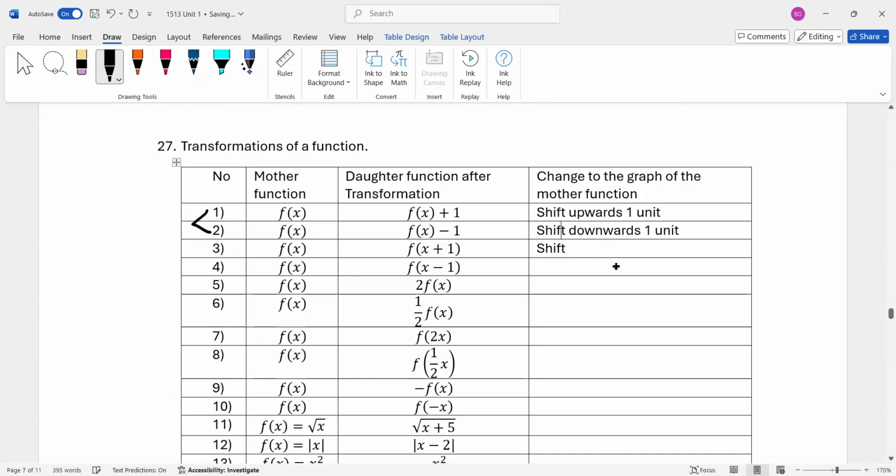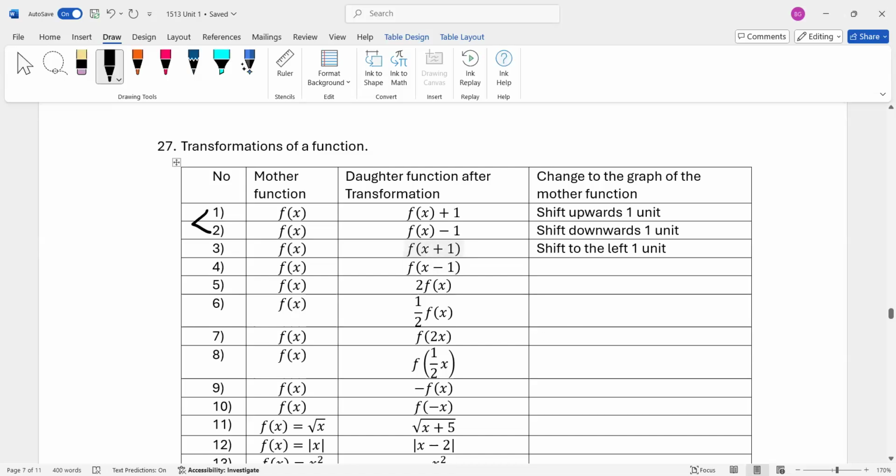You shift the graph to the left 1 unit. That seems a little bit anti-intuitive, but that's the correct change to the graph of the mother function. When you add a 1 to x, x has to be smaller. The input is not x anymore, the input is x plus 1.